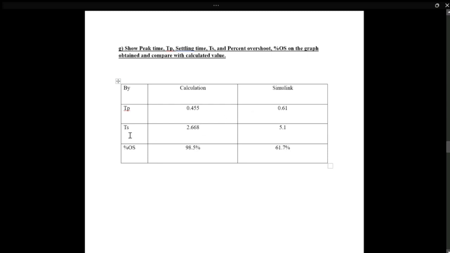Next, the settling time for calculation value is 2.668 and for simulation is 5.1. And finally, the percentage overshoot for calculation value is 98.5% and for simulation is 61.7%. This occurs because of procedure error.